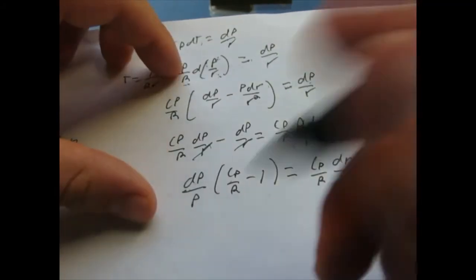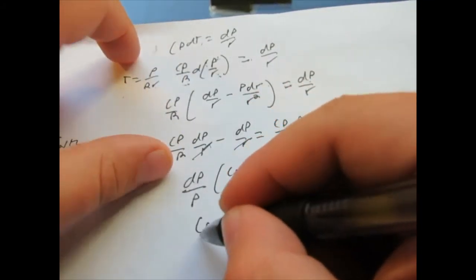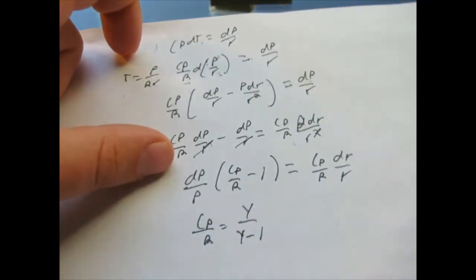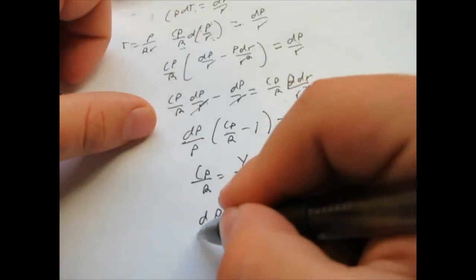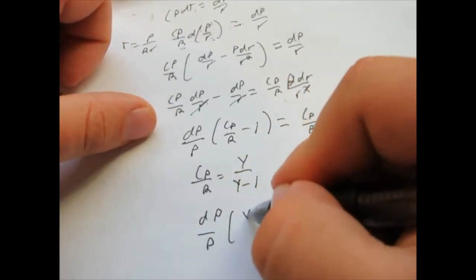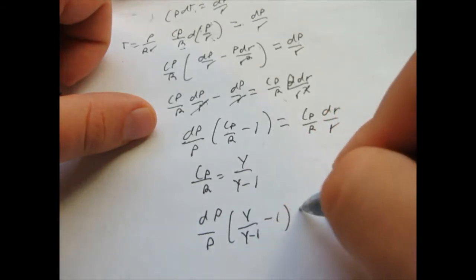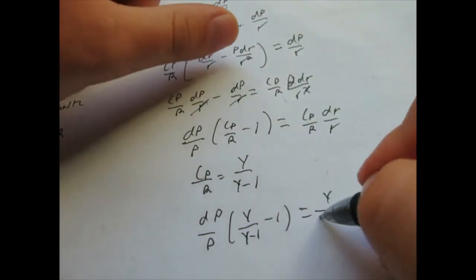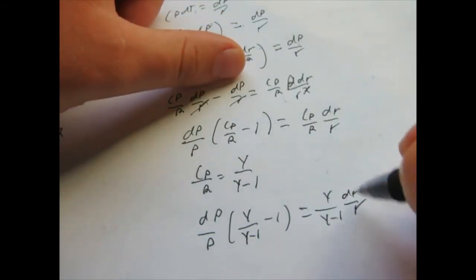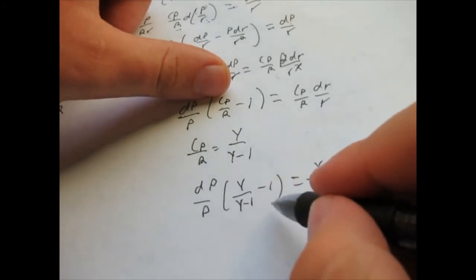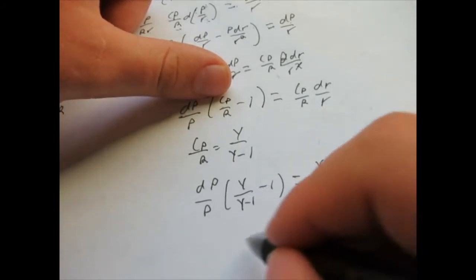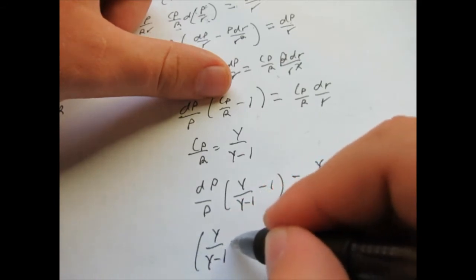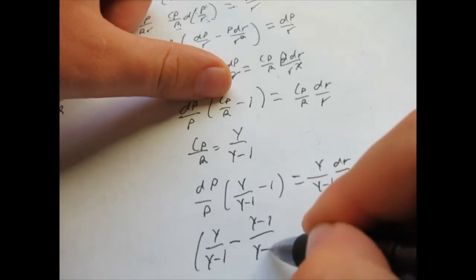Then we're going to substitute in our relationship of Cp over R equals gamma divided by gamma minus 1. Substitute that in there. Alright, so now we're going to do a little math here, combine these. So we have gamma over gamma minus 1 minus gamma minus 1 divided by gamma minus 1.